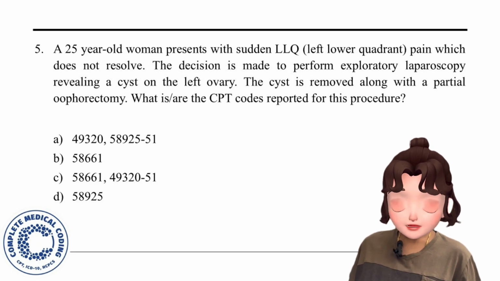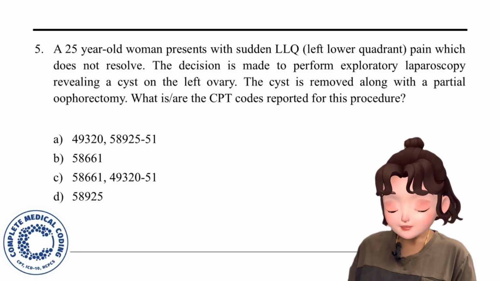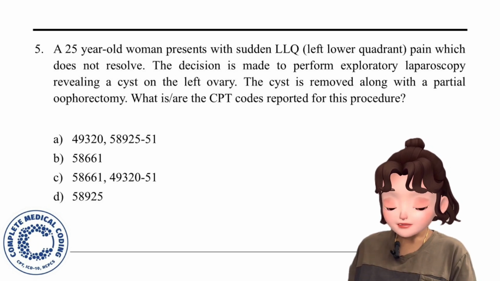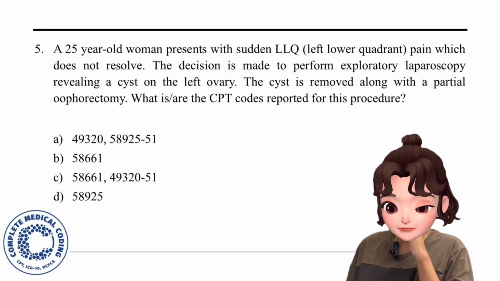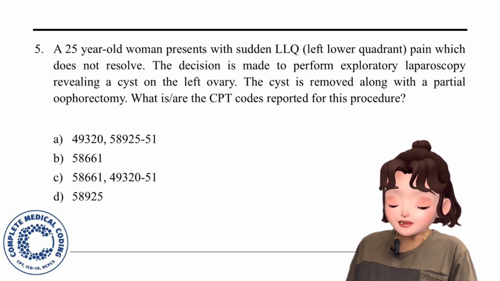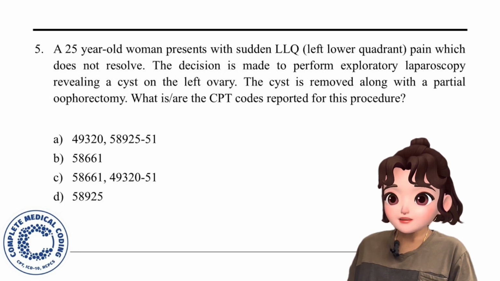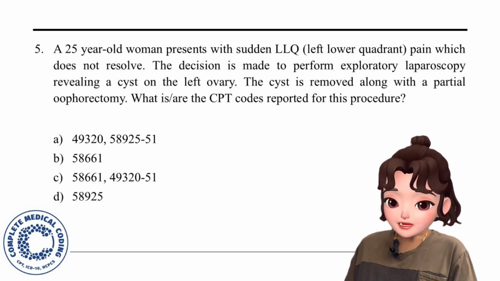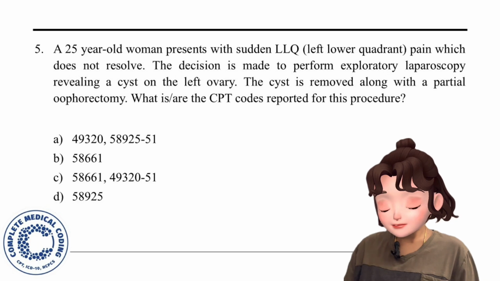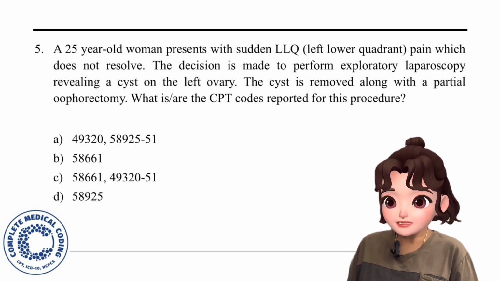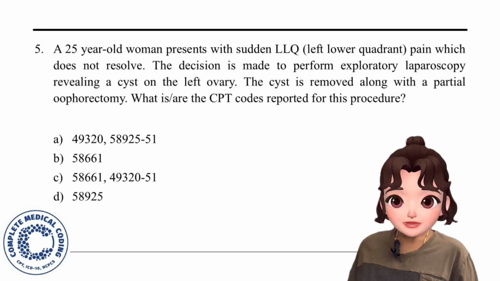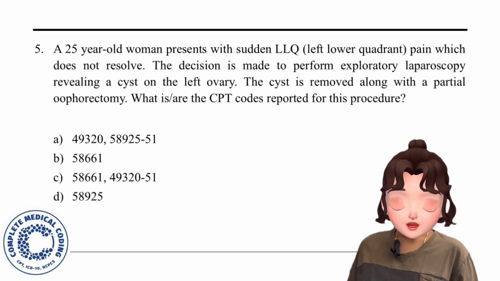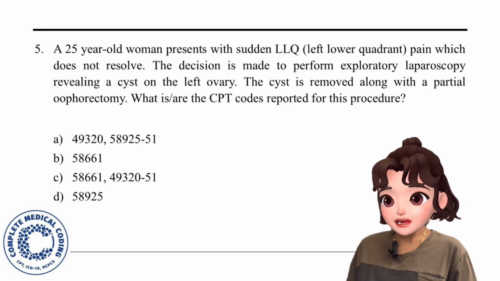What is 49320? Laparoscopy, abdomen, peritoneum and omentum, diagnostic, with or without collection of specimen by brushing or washing. Laparoscopy, abdomen only mentioned. What is 58925? 58925, ovarian cystectomy, unilateral or bilateral.